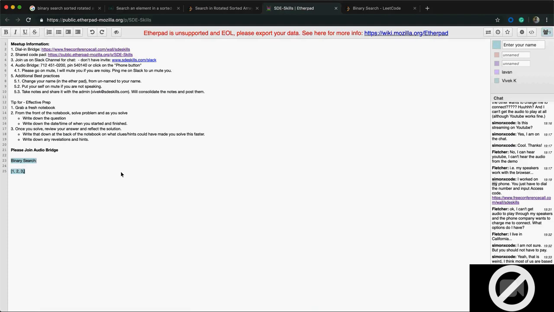I'm taking one example, a sorted array, and let's say we have to figure out the index of the number 3 from this array. So how can we apply binary search to it? How can we find the index for number 3? Anyone want to take it?